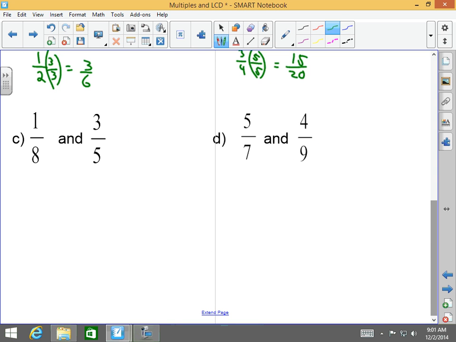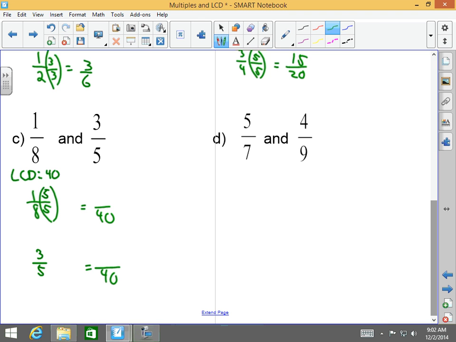Okay, what is the LCD of 8 and 5? 40. Very good. So I'm going to convert 1/8 into something over 40, and I'm going to convert 3/5 into something over 40. What did I multiply to the 8 to get to 40? So what do I have to multiply to the numerator?